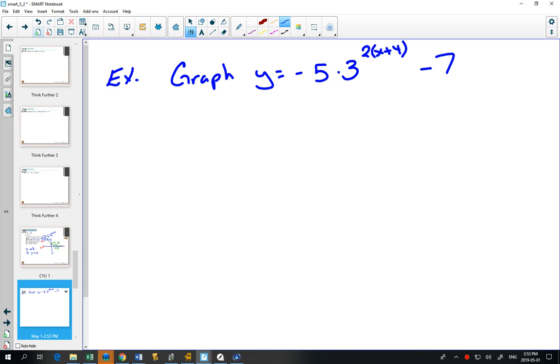So first of all, we have to recognize this as an exponential graph. That's fairly easy to see because the x is in an exponent. So we have to break this down and decide, what did the parent graph look like? What is the original graph? It will be y equals something to the x. What's the base of that graph that we have?